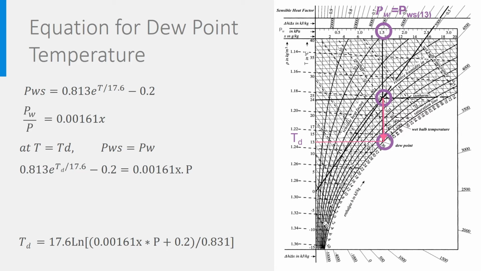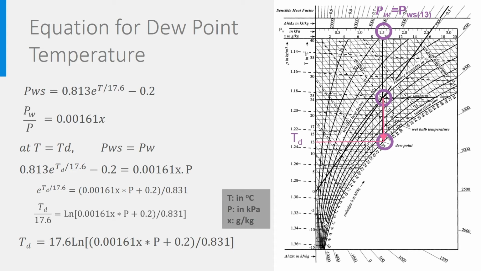Working it out this way leads to the final equation, giving us the dew point temperature Td corresponding to any point of absolute humidity x. Be aware that in all equations on this slide, T is in degrees Celsius, x is in gram per kilogram dry air, and P is in kilopascal. So at atmospheric pressure, P is 101 kilopascal and not 1.